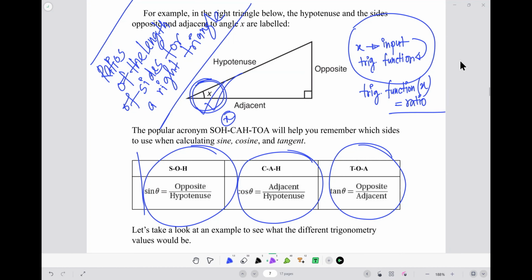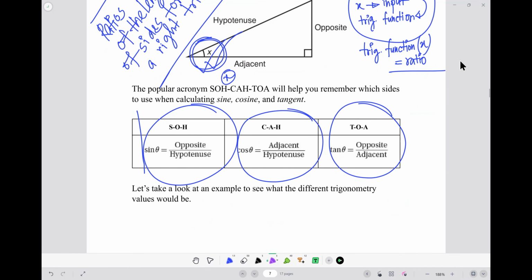It means that a trig function, a sine function, looks like the ratio of the opposite side and the hypotenuse side.